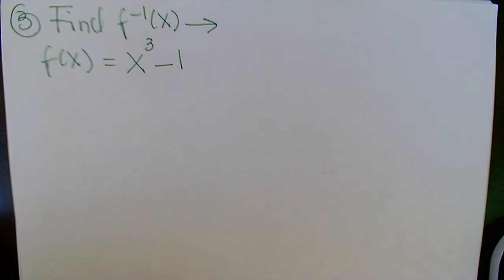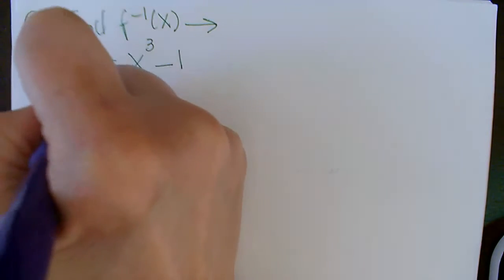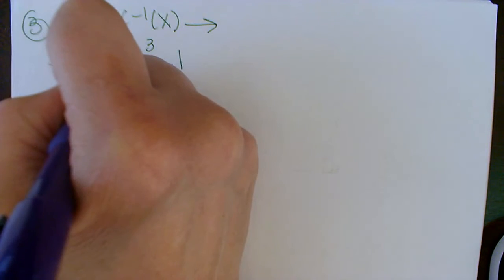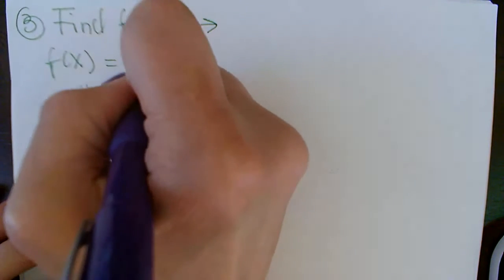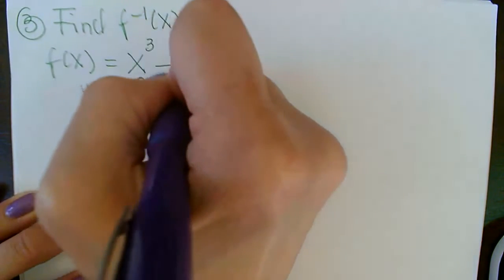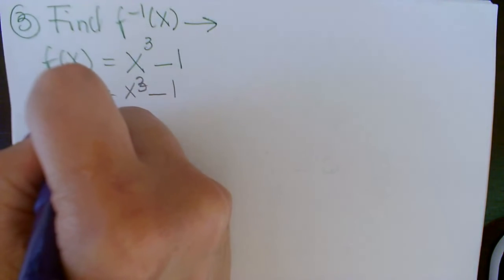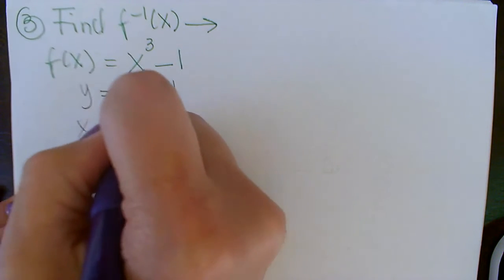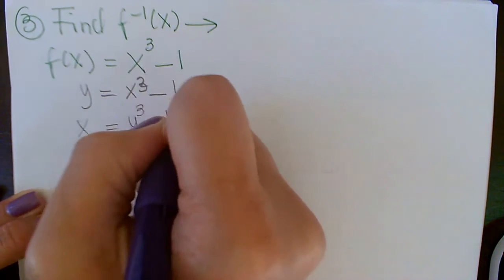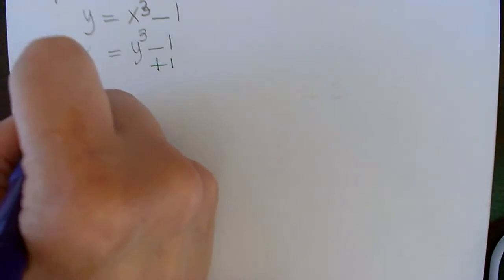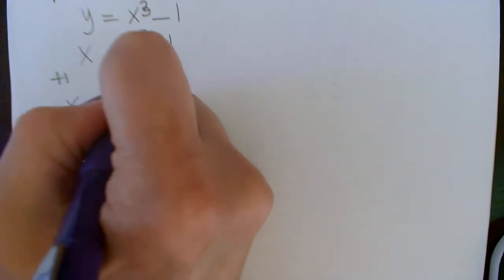So first, I change the f of x for y. Then I interchange the x and the y. Then I solve it for y. So I'm going to add 1. x plus 1 equals what? y to the third power.